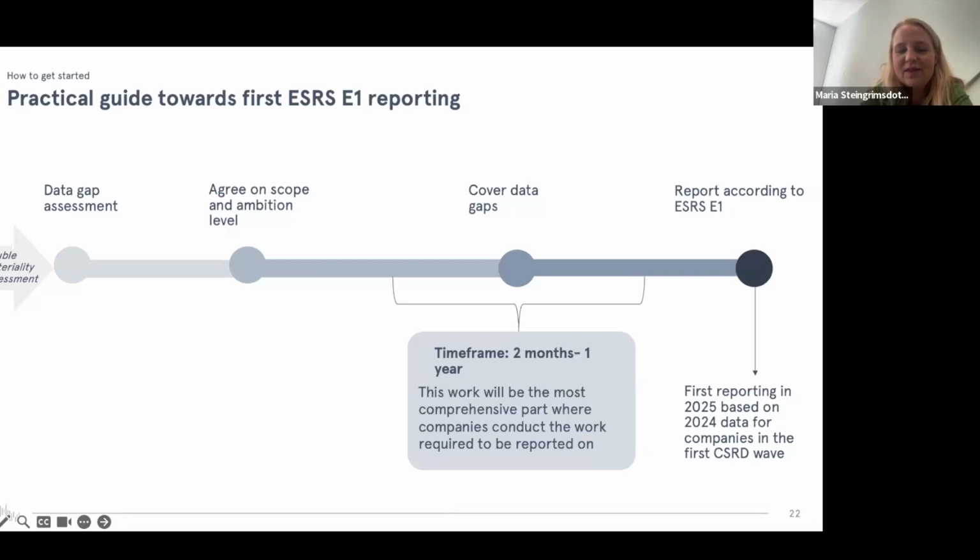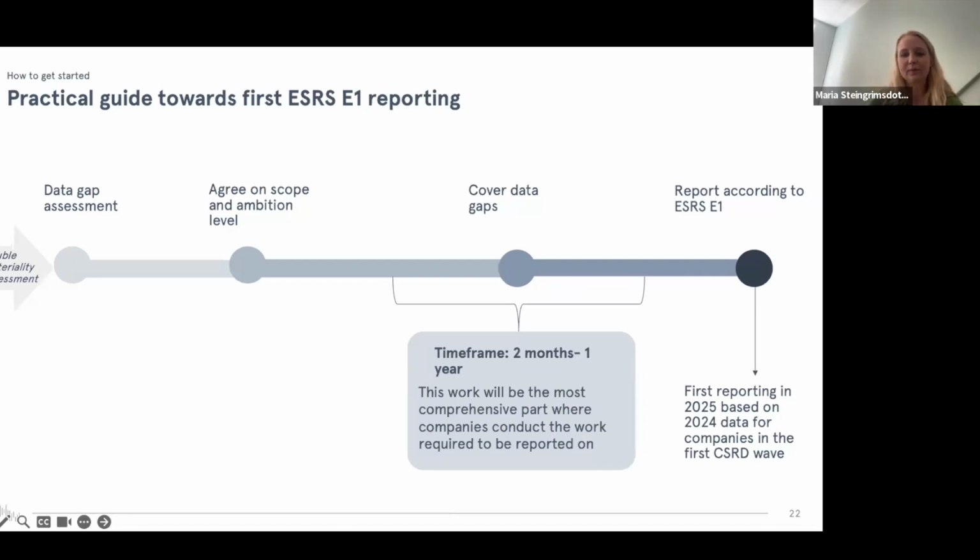In our experience with data gap assessment, climate is generally the standard where companies are most mature, so have the most amount of data. But we have also experienced some companies that currently only have a fraction of the data required for ESRS E1. So once you have completed the data gap assessment and you have this overview, then you need to agree on the scope and ambition level.